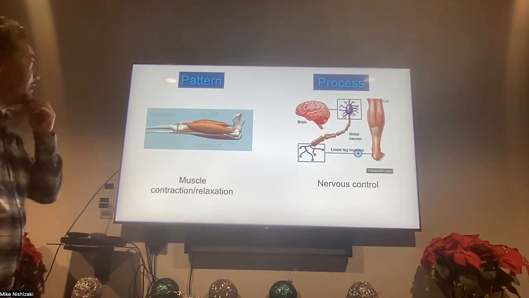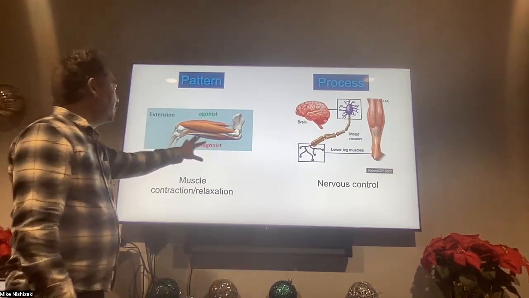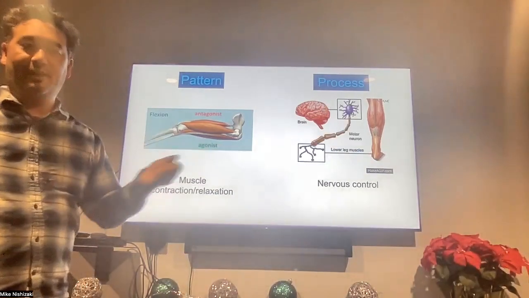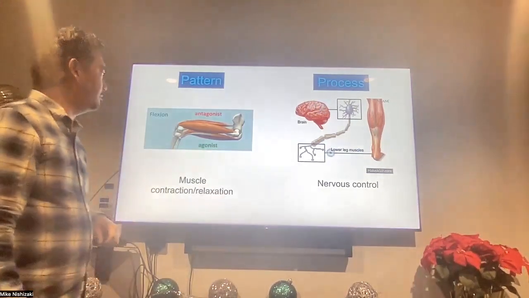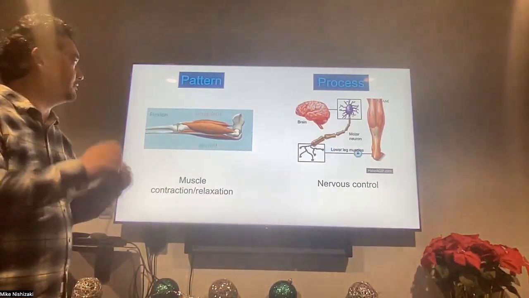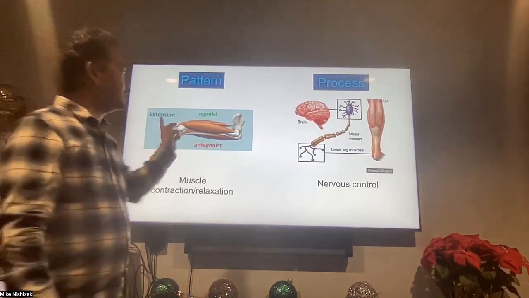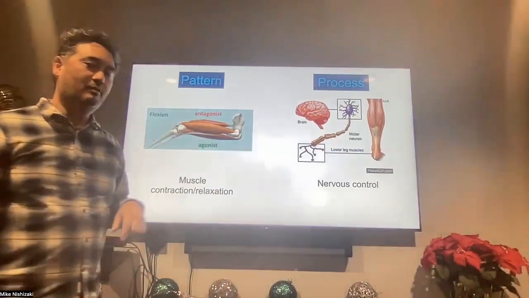So here's an example. You might look at muscle contraction and relaxation, right? Motion. So the pattern is motion, right? You're moving your muscles, and that's the basis of movement. What's the process that drives that motion?